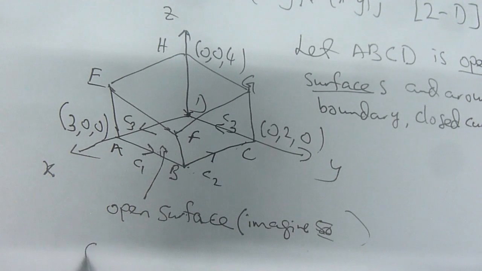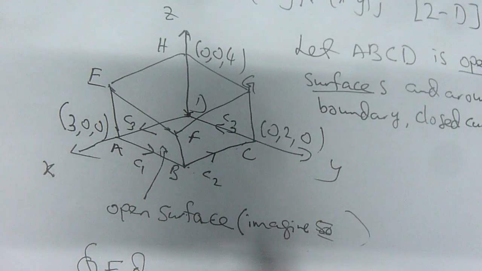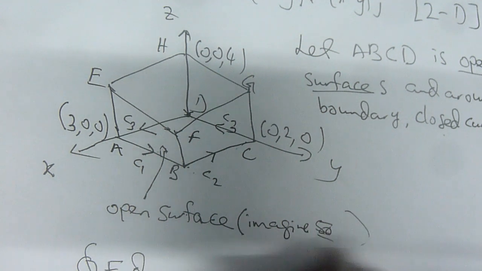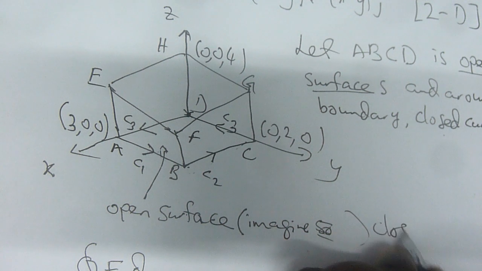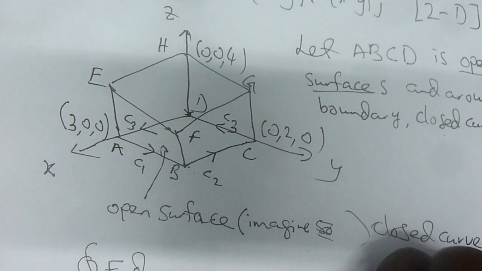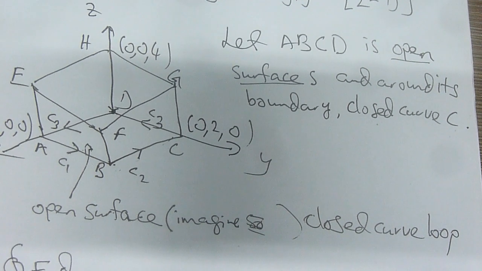In simple terms, we will write this as a closed loop. How do I know it's a closed loop here? Can you see this? The open surface has a closed curve loop, and that's a much better explanation. Open surface, closed curve loop.